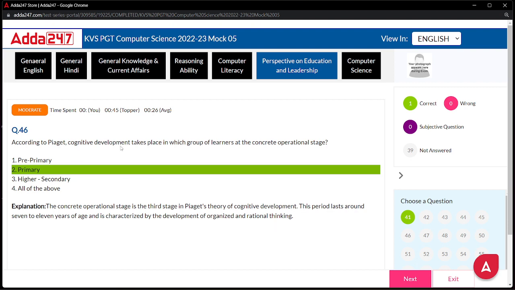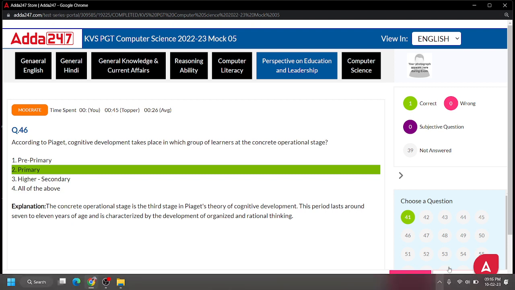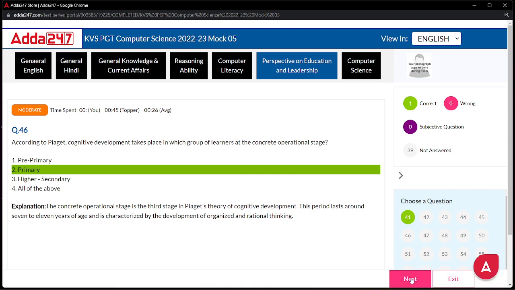So primary is the answer. In primary school, basically 7 to 11, there are students of class 3 to 5.